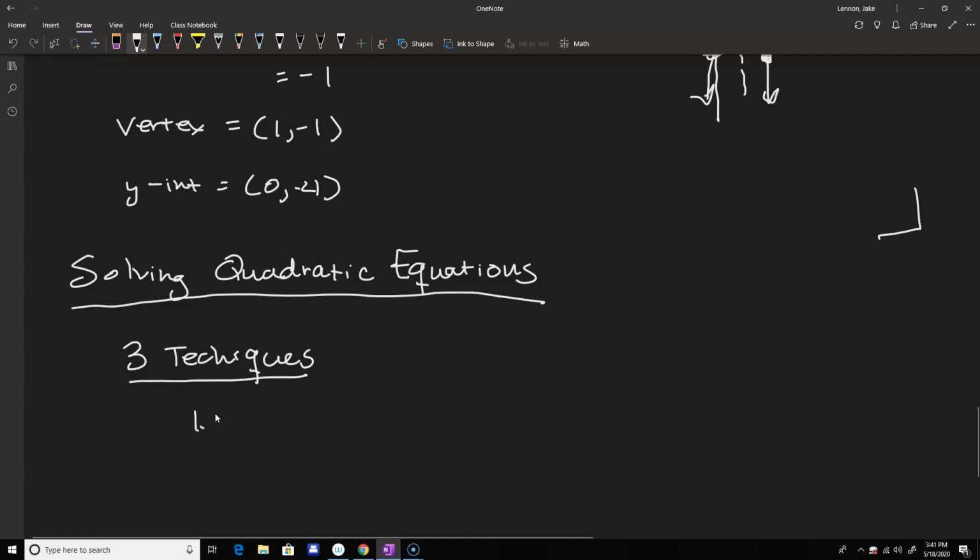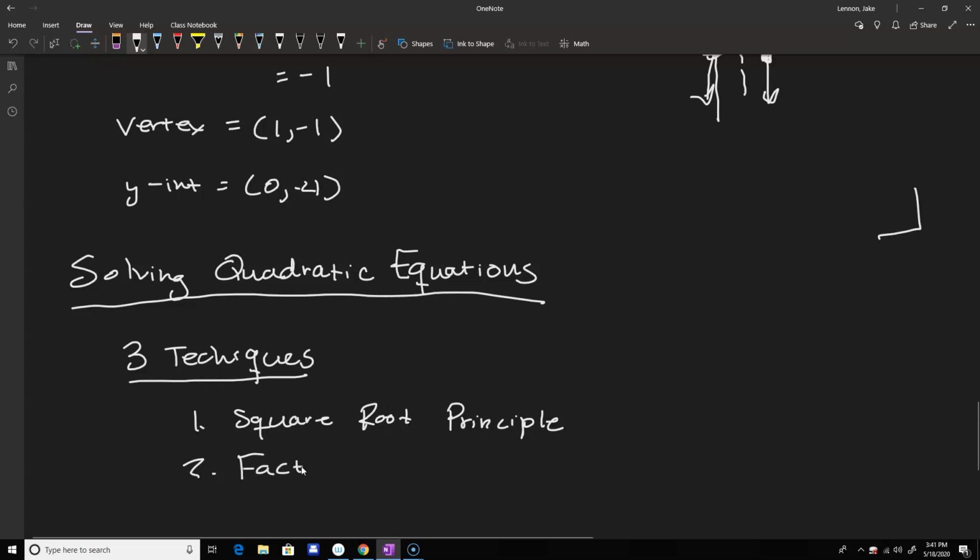So the square root principle happens typically in a special case where you can just solve for x squared if there's no x term. In fact, it's more general than that. These techniques all go hand in hand with one another.